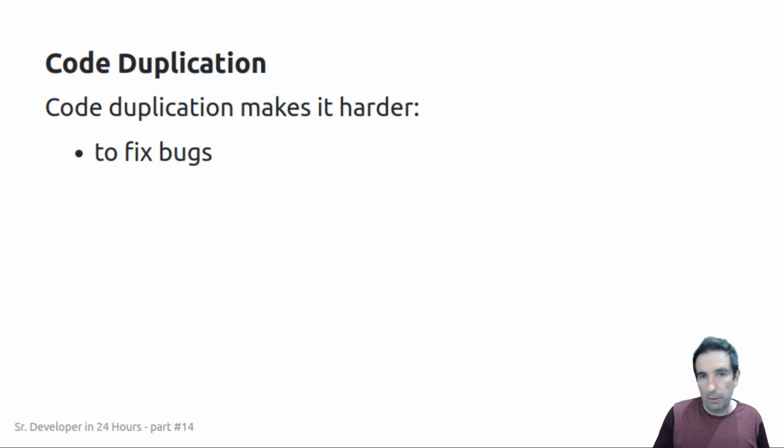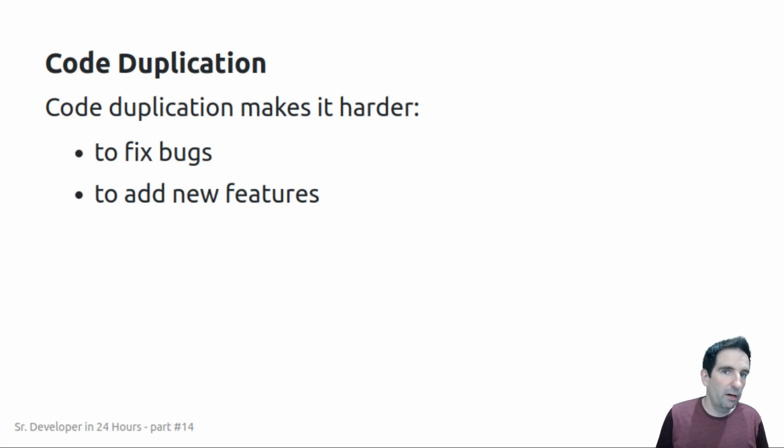Why? Because we may fix a bug in one place, but not in another place, so we might have inconsistent behaviors. It makes it harder for us to add new features, again, because we have to add features in both places, or we have to figure out which place is relevant, which one isn't.